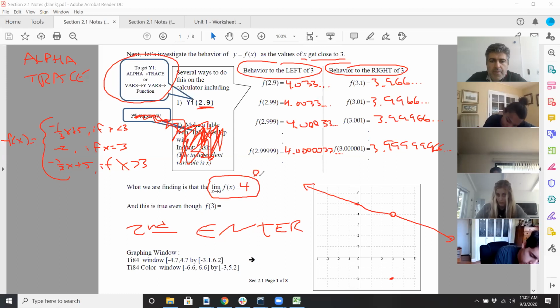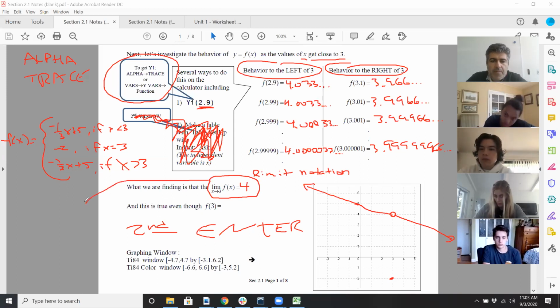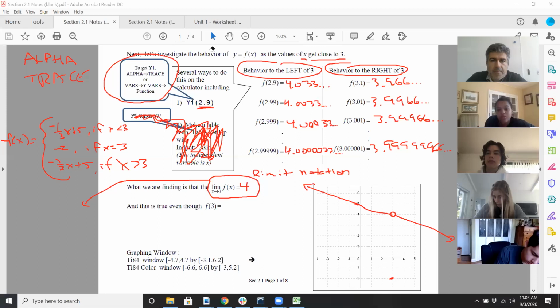So this right here is limit notation. What this means in words is all this.